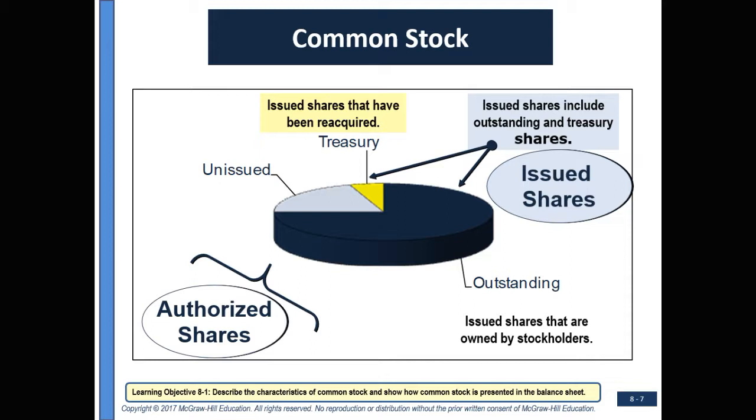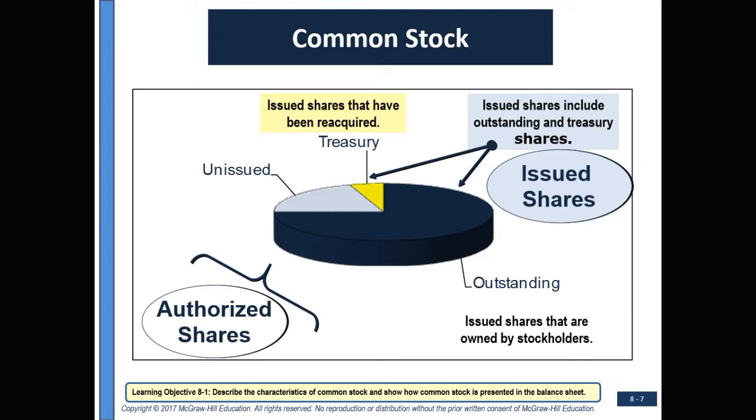We have some that may have been reacquired. We will have some that are outstanding, meaning that they have gone out to the stockholders and they are still out there. Those that have been reacquired are still issued.